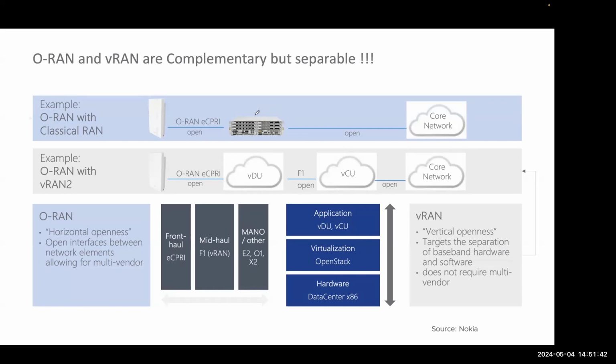This could be called O GNOP. Or you can say, I will replace this part and make it cloudified, vDU, vCU on a cloud stack. And here it is ORAN and also cloudified or virtualized. So both together.